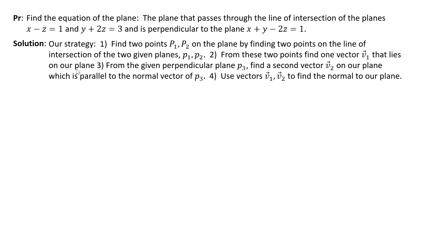How? From P3, we can find a second vector v2 on our plane. How? Well, here is the key. If our plane is perpendicular to this third plane, the normal vector of this third plane must be parallel to our plane. Check that out.